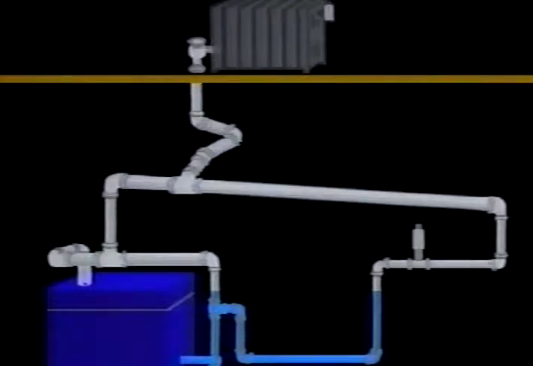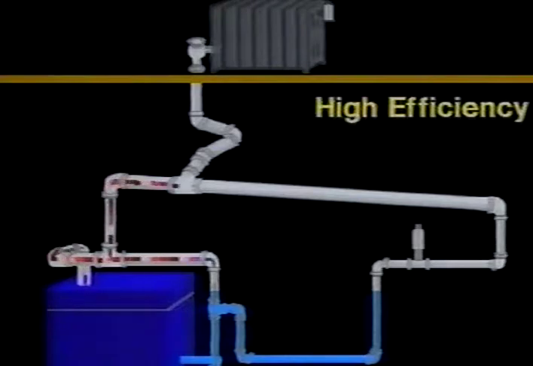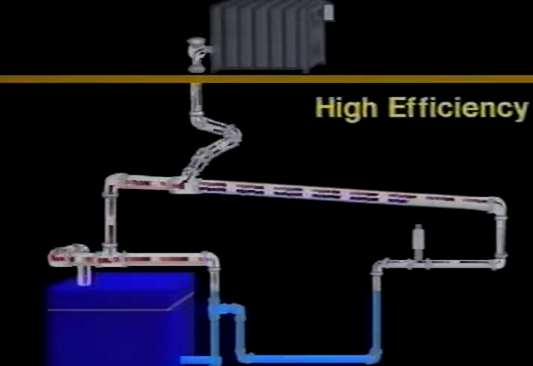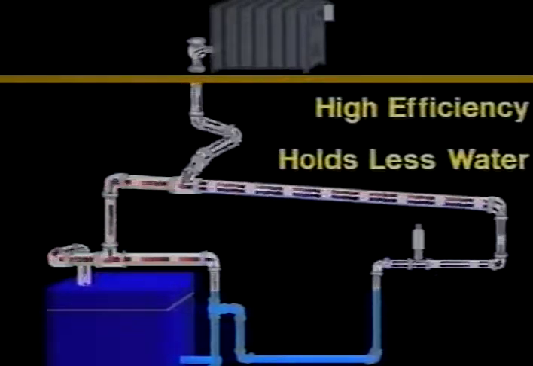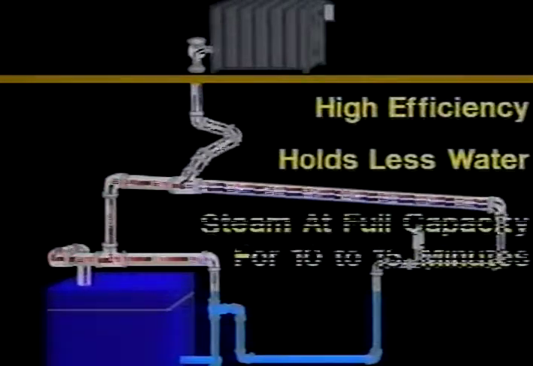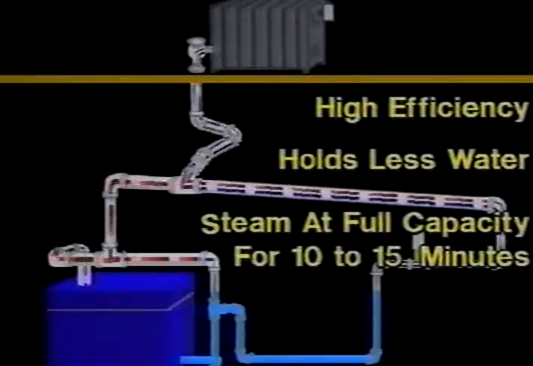Modern steam boilers are designed to be much more energy efficient than older boilers that you might find on a service or installation call. These new boilers are usually smaller, maybe only a third the size of older units. Thus, the newer units hold less water. These newer boilers are designed to steam at full capacity for 10 to 15 minutes before the low water cutoff shuts them off.